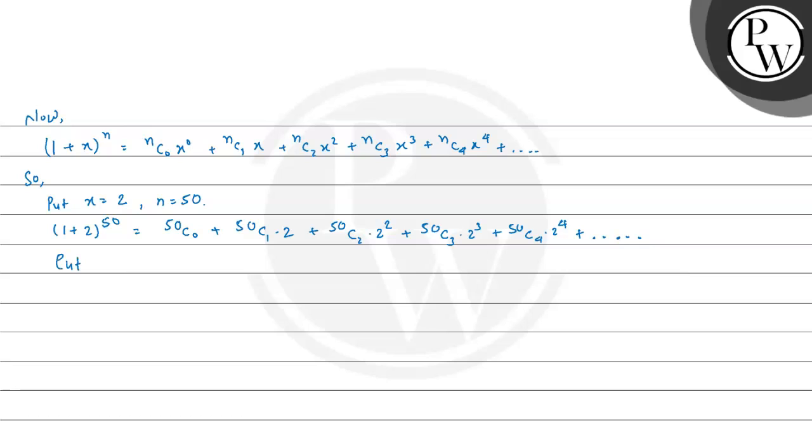Similarly, if we put x equal to -2 and n equal to 50 in the same expansion, then we will get (1 - 2)^50 equal to 50C0 - 50C1 multiplied by 2 + 50C2 multiplied by 2^2 - 50C3 multiplied by 2^3 + 50C4 multiplied by 2^4 and so on.